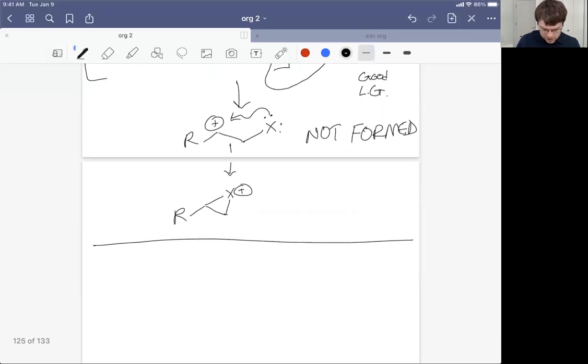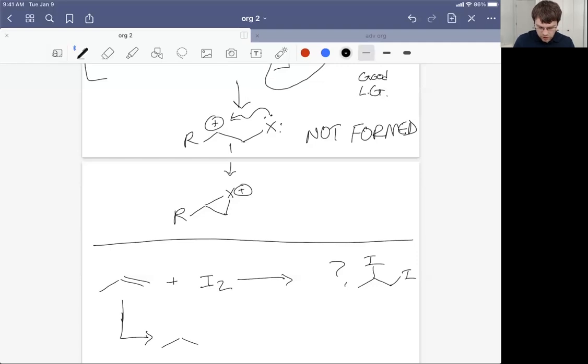If we have, let's just go ahead and draw an alkene plus I2, and we want to predict the products. So what we're going to do is break the carbon-carbon double bond and put iodines on either side of the carbon atoms that were once double bonded to each other. But if you want to consider a mechanism, we could first draw the halonium ion pair where we have plus, plus, minus.